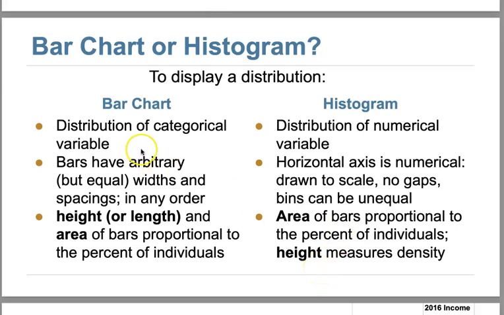Also make sure you understand the difference between the bar chart and the histogram. They look very similar in shape, but one shows the distribution for categorical data, not numerical. If you see the x-axis is numerical with intervals, that's a histogram.